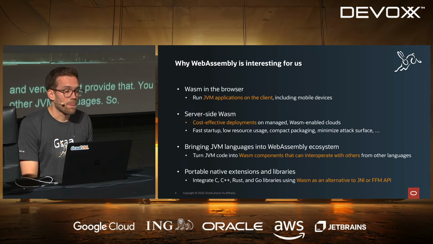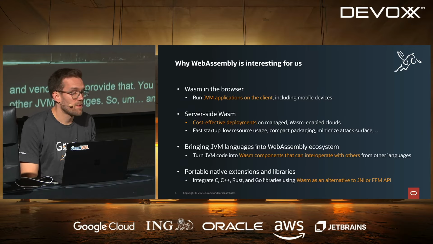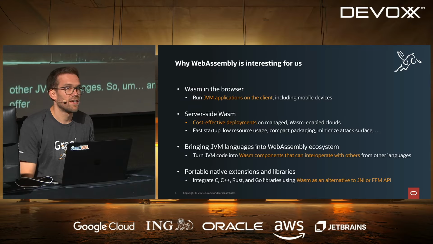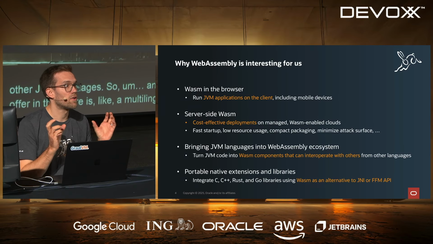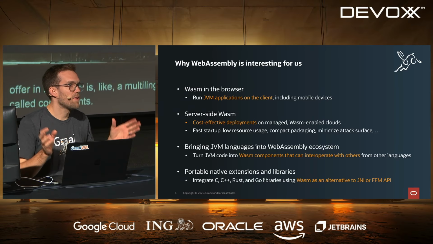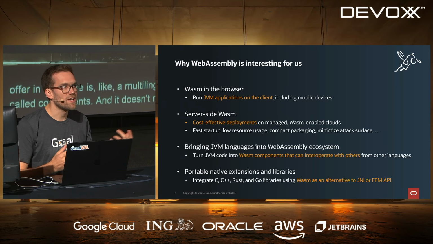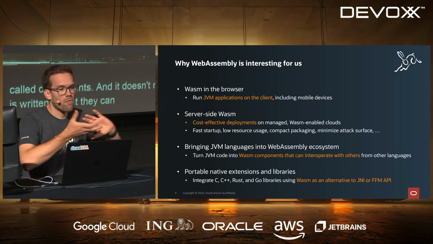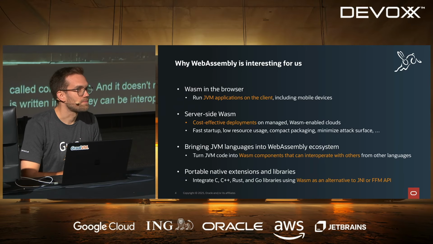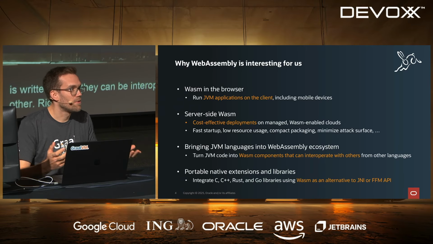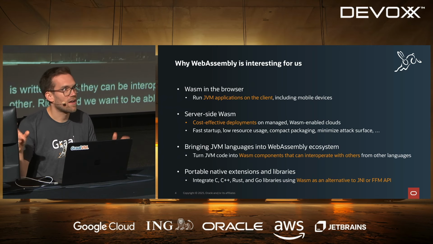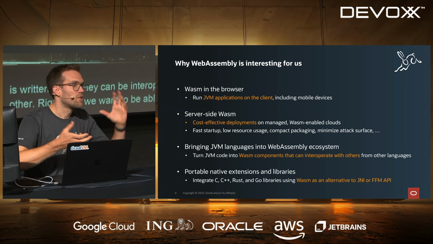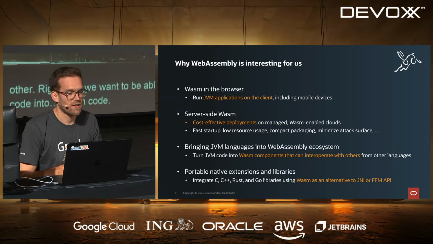And one thing that WebAssembly is going to offer in the future is a multilingual solution where you can create so-called components, and it doesn't matter in what language the component is written, but they can interoperate with each other. Right, and we want to be able to do that too, and plug Rust code into Kotlin code, right, and stuff like that.